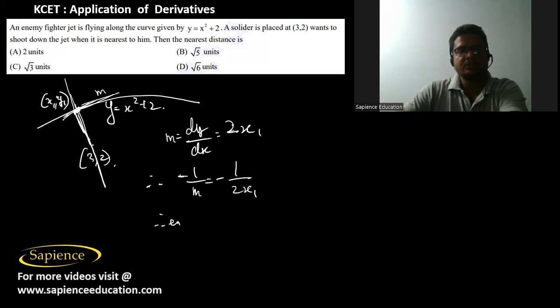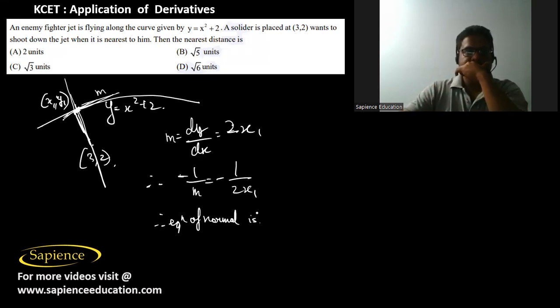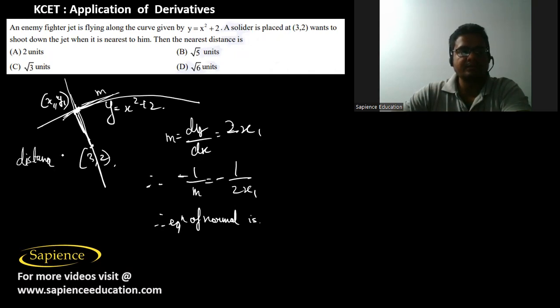So therefore the equation of the normal is, or we can find the equation of the tangent. Then we can find the distance of this point P from that tangent.